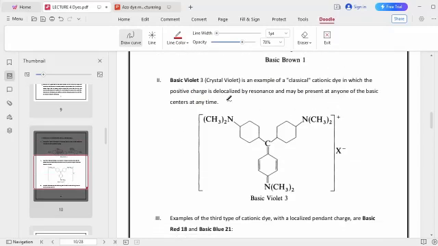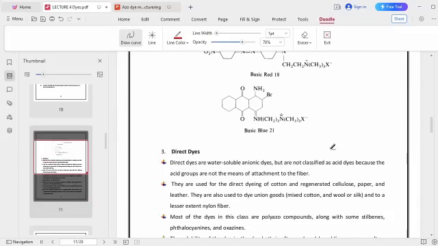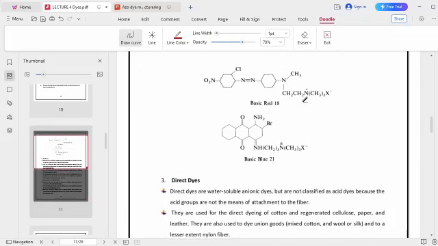We also have basic violet 3, okay, and this time it's a substituted amine group. In place of NH2, this time you see that it has been substituted with a CH3, so it's called substituted amino group. We also have a basic blue 21 here. Again, it's a substituted amine group.